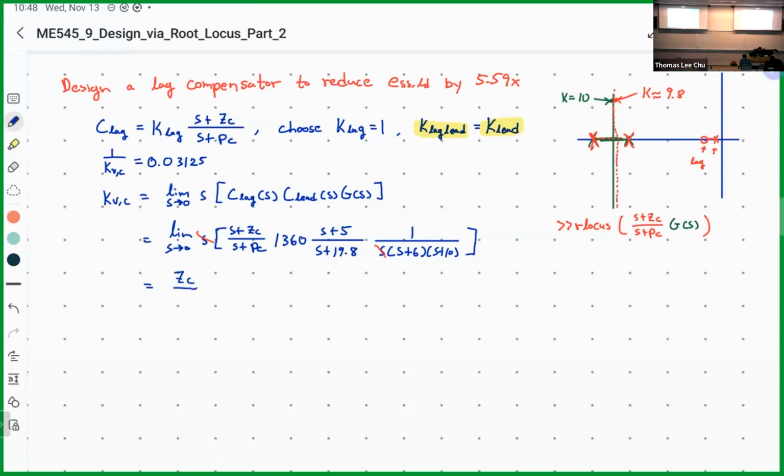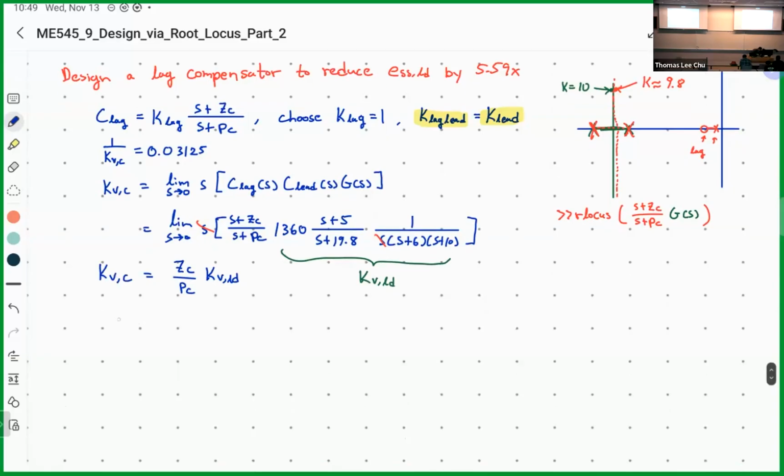ZC over PC multiplied by, and if you actually look at this value here, it is going to be KV lead. So KV lead is equal to KVC.